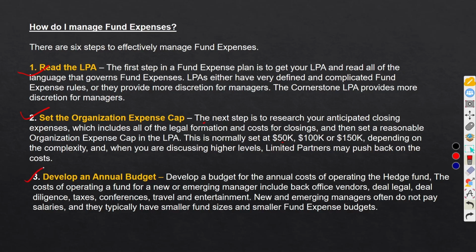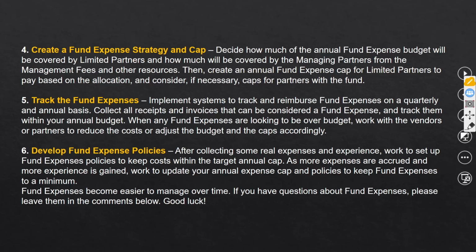Then develop an annual budget. For expenses, you can assign a budget, calculate it, and then update it in the books of account. That's how you can follow it. All right. And finally, you can create a fund expense strategy around the cap.